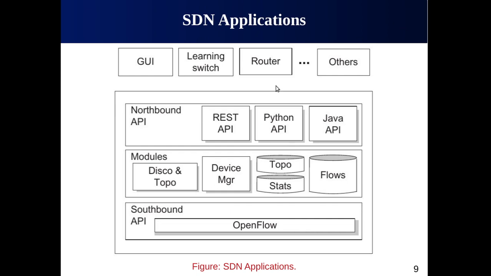Okay, so the Northbound API allows the applications to do several things. They are able to configure the flows to route packets through the best path between two endpoints. They are able to balance traffic loads across multiple paths.